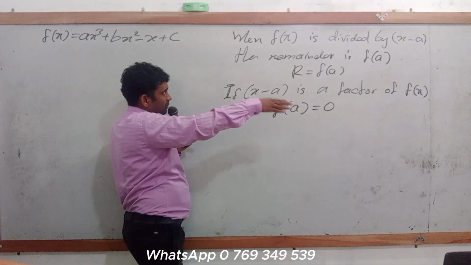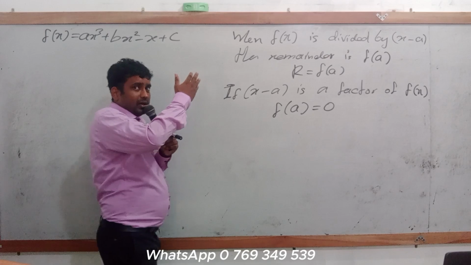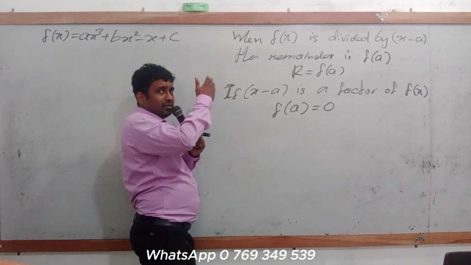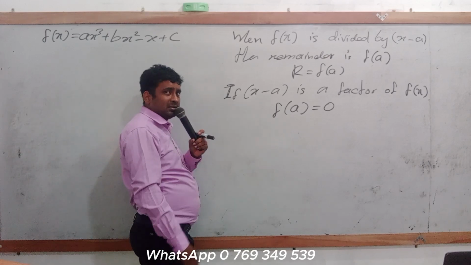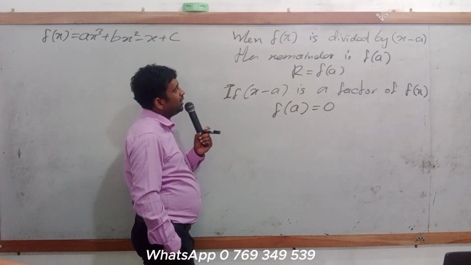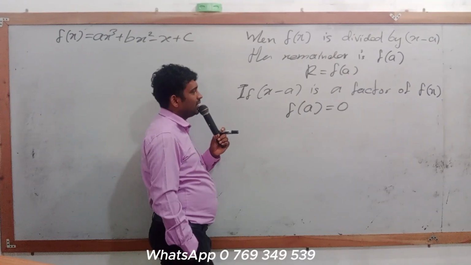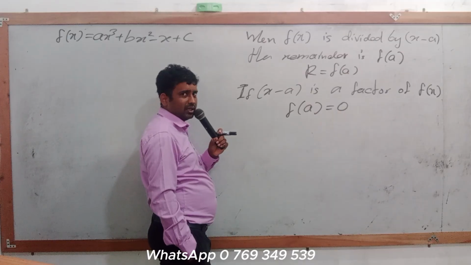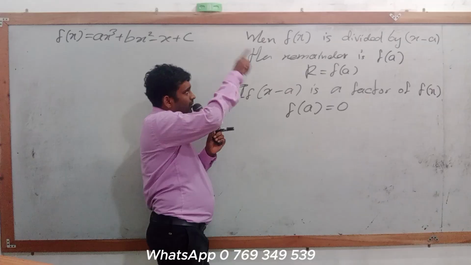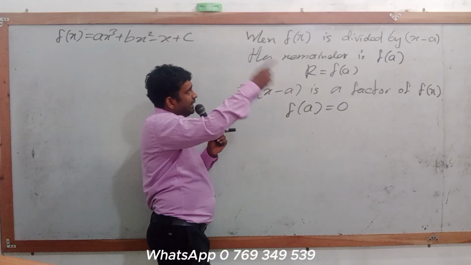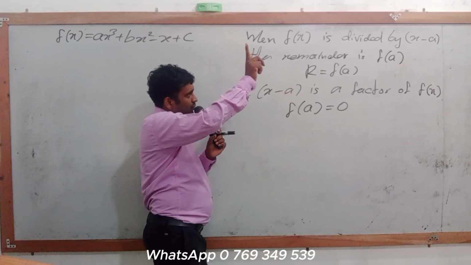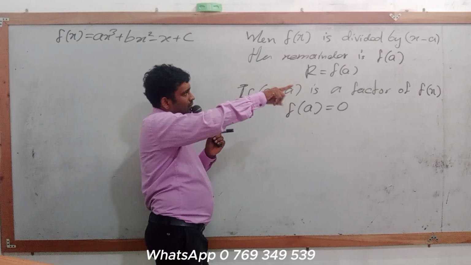I'm saying it again because my handwriting is not good and cannot be read easily. When f(x) is divided by x minus a, the remainder is f(a).